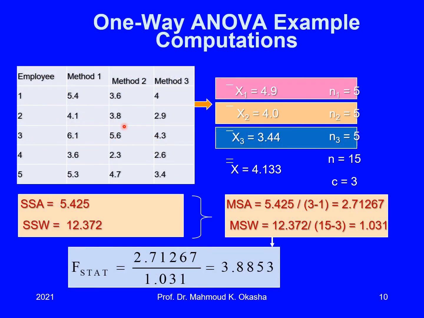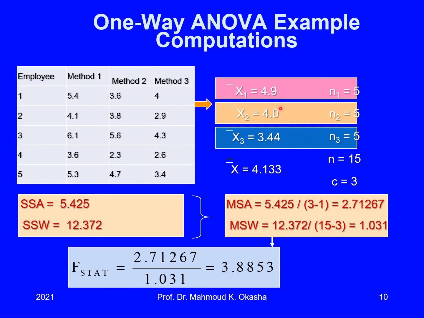As usual, we calculate x1 bar, x2 bar, x3 bar, and n1, n2, n3, which are 5, 5, 5. It's not always 5, but by chance in this example n equals 5. Here n equals 15 and c equals 3, but not in all cases, just because we have 3 groups and in each group we have 5, 5, 5.